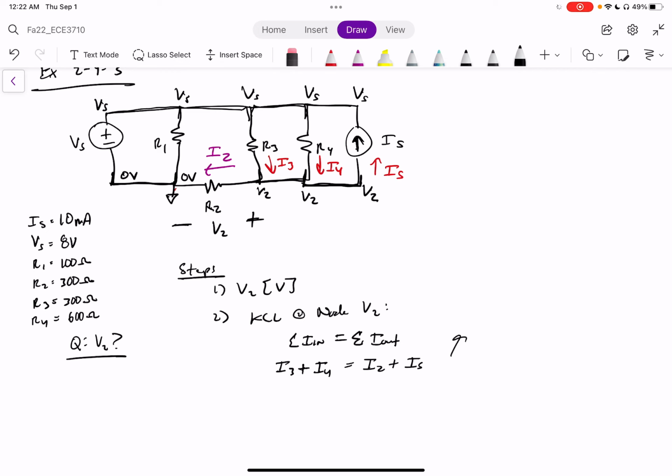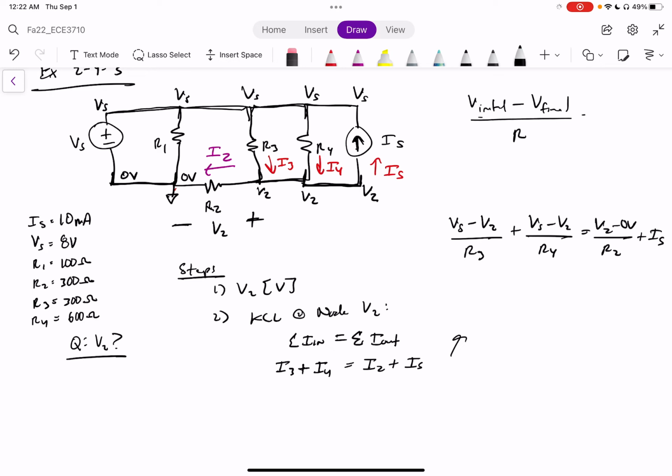I3 is initial minus final, Vs minus V2 over R3, plus initial minus final over R4, equal to, what's I2? Initial V2 minus final, 0 volts, over R2 plus Is. Again, it's V initial minus V final over R equal to I for node analysis.